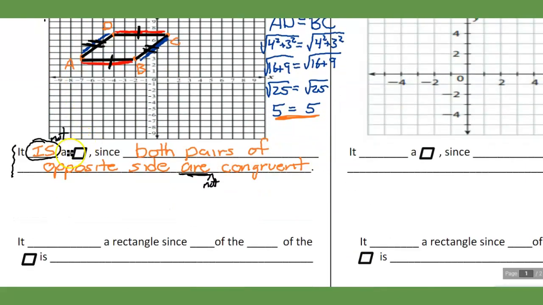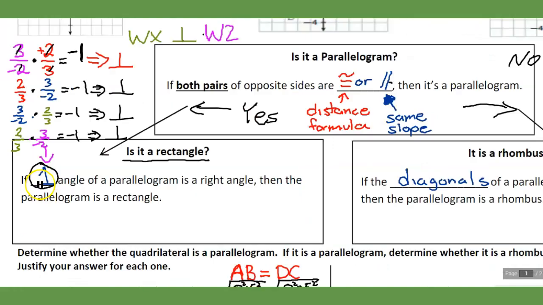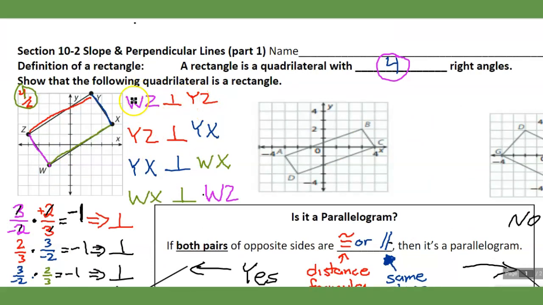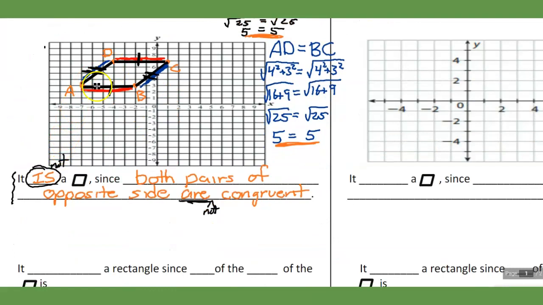Okay. So I'll stick with angle A. So what I'm going to try to show is, let's see what I use here. I've got to show one of these statements, right? It's something perpendicular to something. So is AB perpendicular to AD?